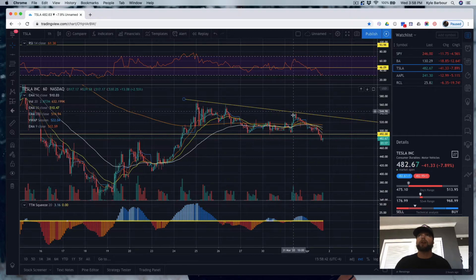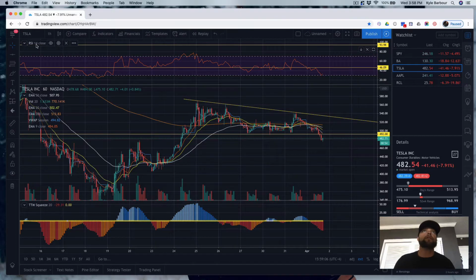So this was actually a good entry point for a short. I like to wait for breakout patterns. So when support is broke, I take the short right here and try to scalp it, versus up here is a little risky because you never know when it's going to catch these. So let's take a look at the indicators, and we can talk about Tesla more in depth.